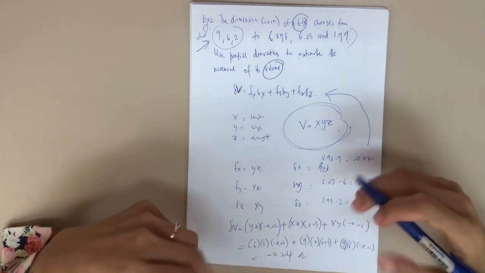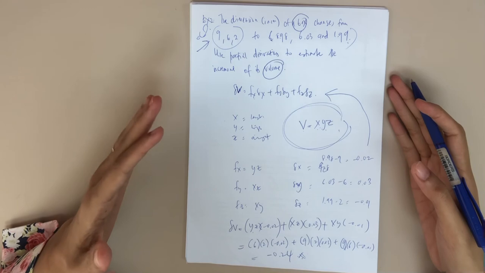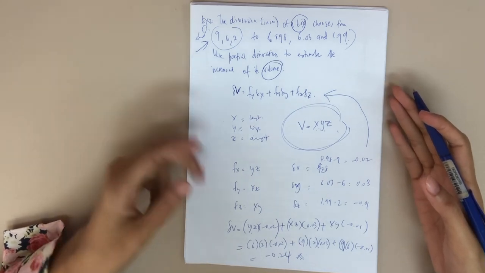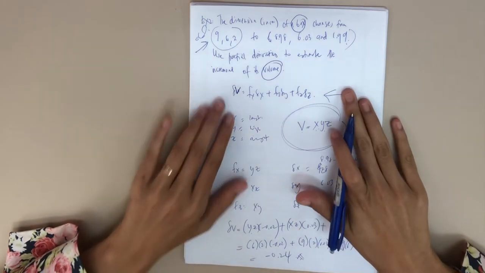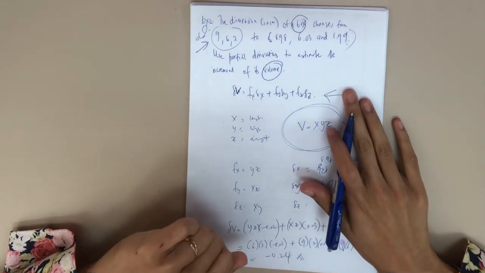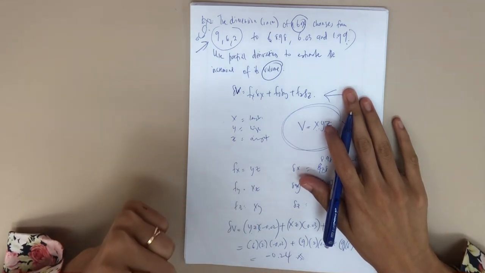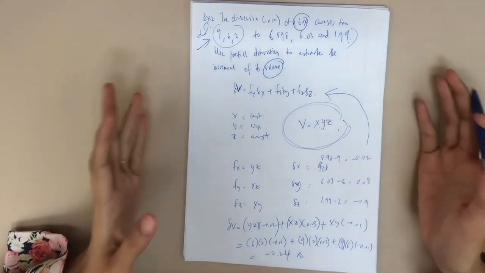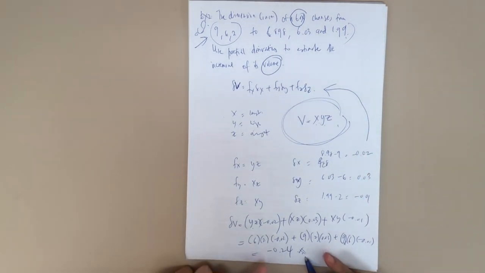Let's imagine in the final, the test or the quiz, after you calculate this, they have one more extra question like this: can you make a conclusion from the answer that you get? What can you conclude based on this answer? You can conclude by referring to the sign, which is positive or negative.